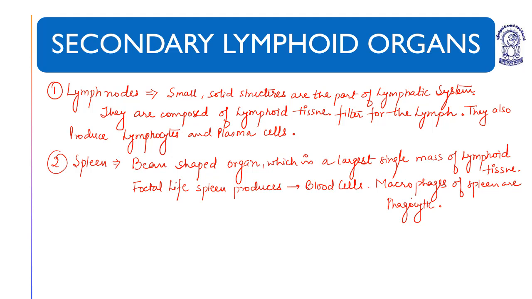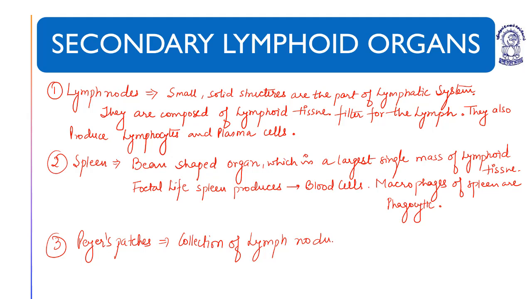Peyer's patches are a collection of lymph nodules found in the small intestine, in the ileal part, and they produce lymphocytes.